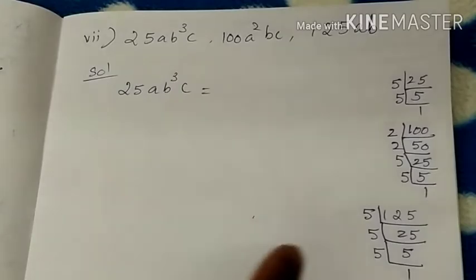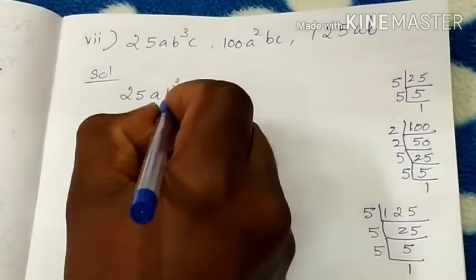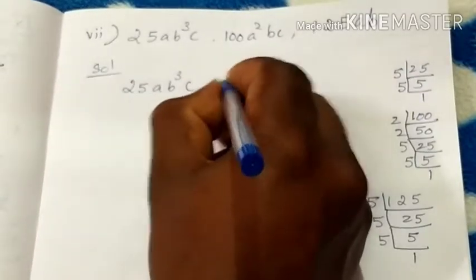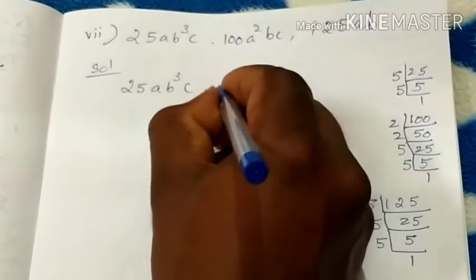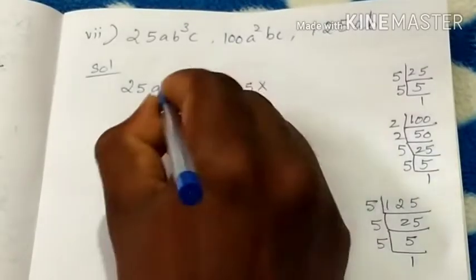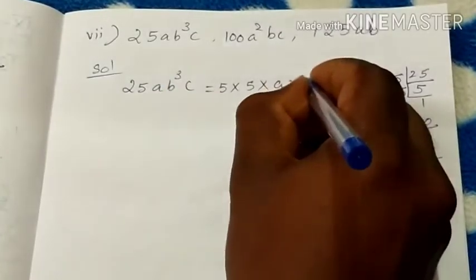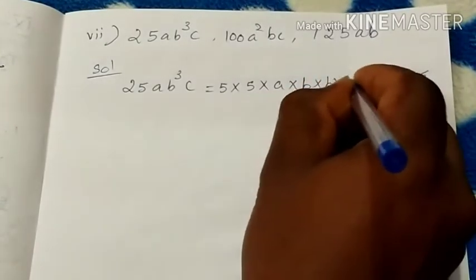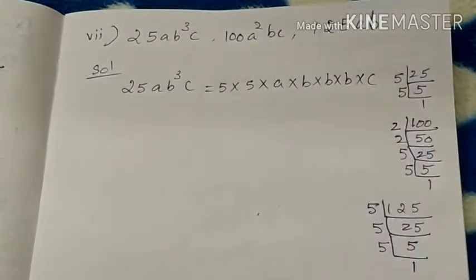Okay, so 25 a b cubed c can be written: 25's factors are 5 into 5, then a into b cubed can be written b into b into b, into c.